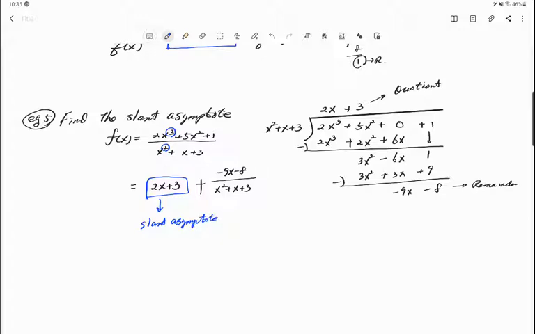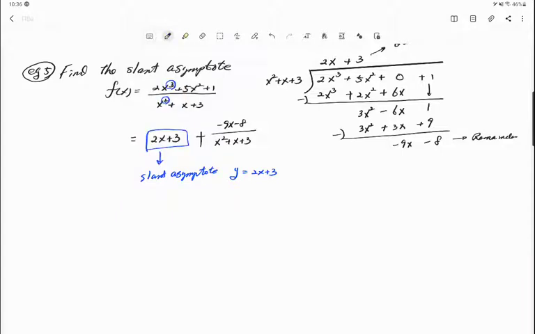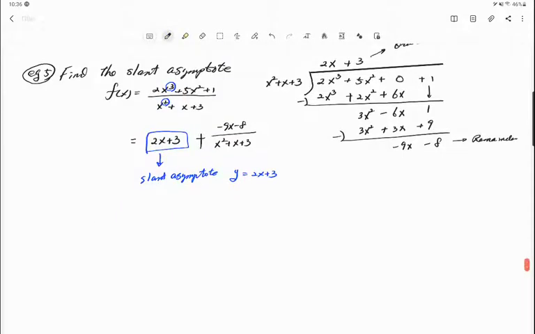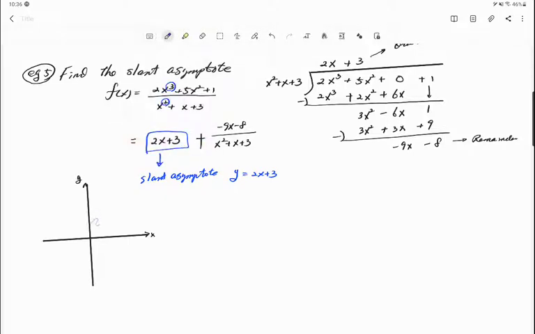So slant asymptote, so let's say, y equals 2x plus 3. So that's the slant asymptote. So if we graph it, it's going to be something like this. It's not accurate, but x-axis, y-axis. And the graph of this slant asymptote is when x equals 0, y is 3. 1, 2, 3, right?